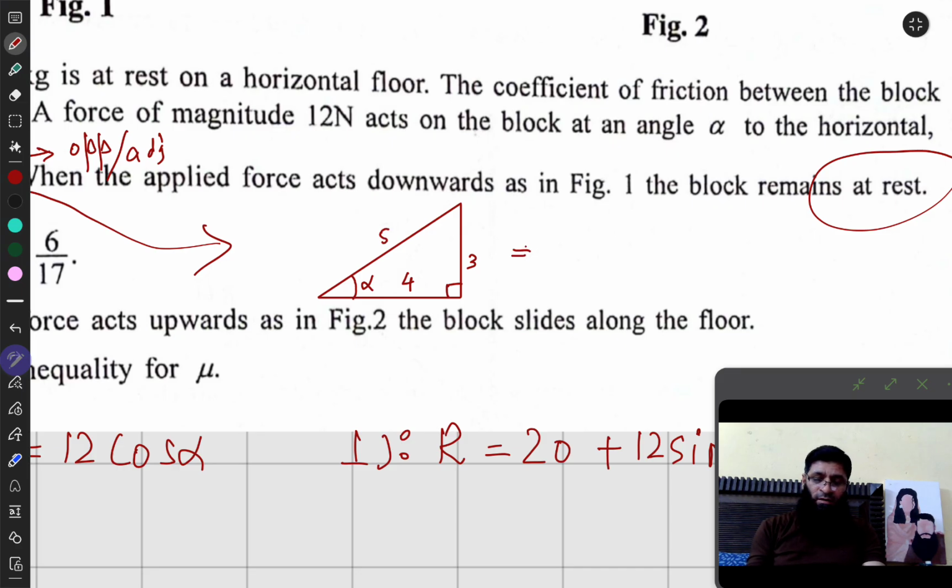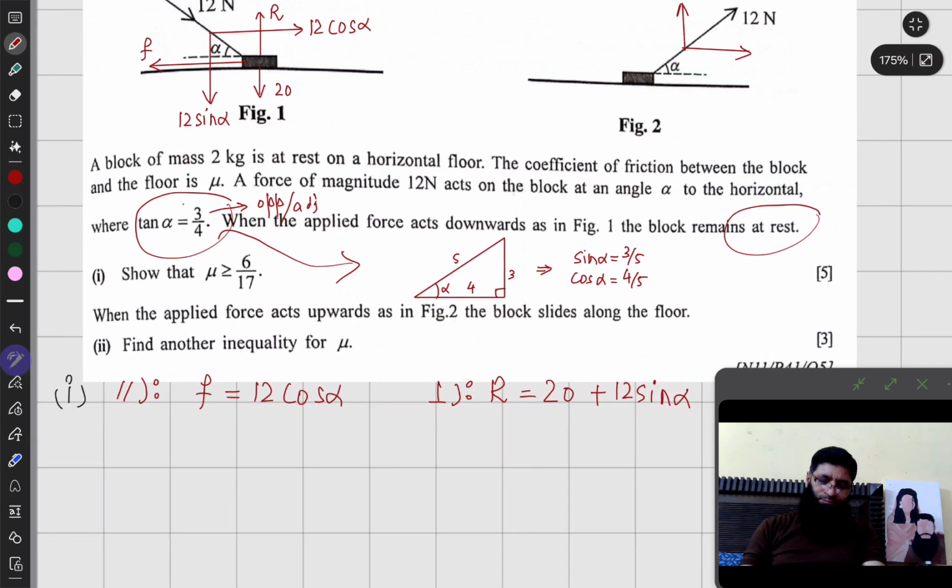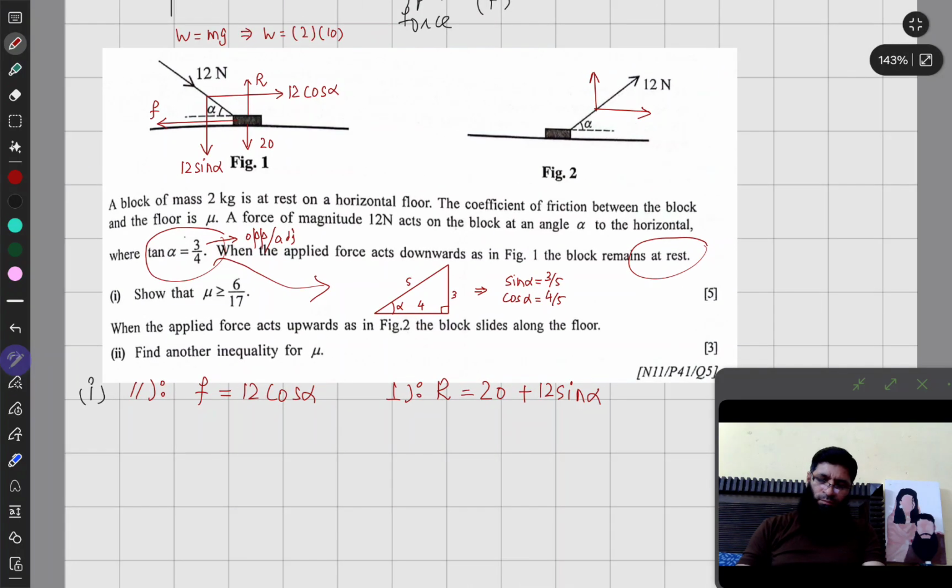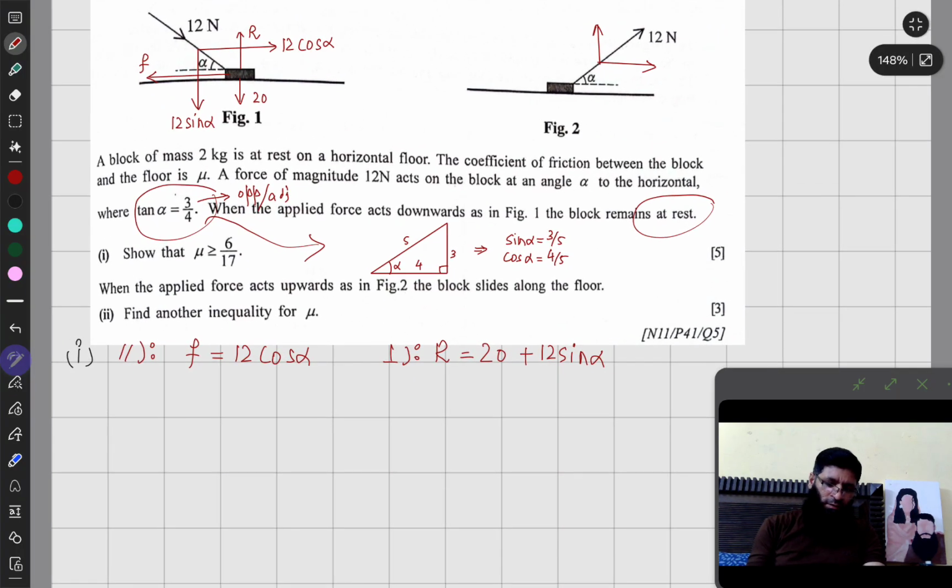So in this triangle, sine alpha will be opposite over hypotenuse, 3 by 5, and cos alpha will be adjacent over hypotenuse, that will become 4 over 5. So if you put all these values over here, you will have F is basically mu R, you know about this, friction is equal to mu R, and cos alpha is basically 4 over 5.